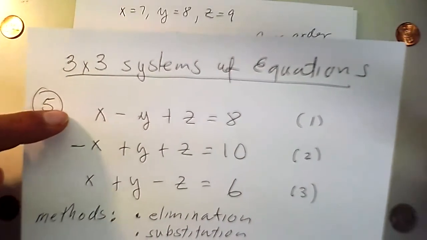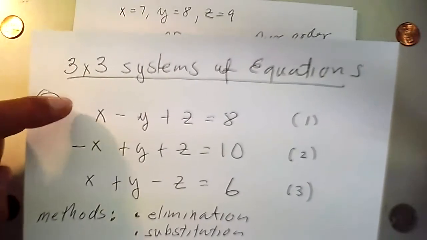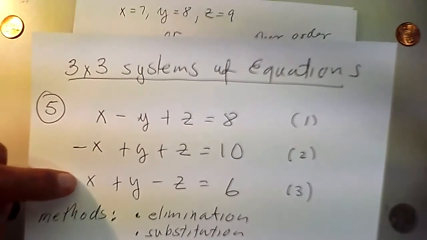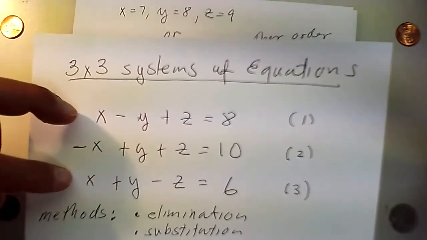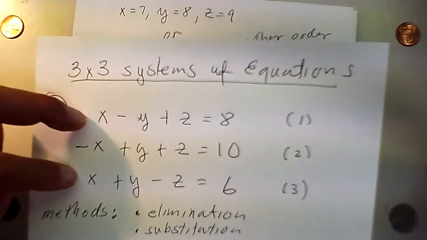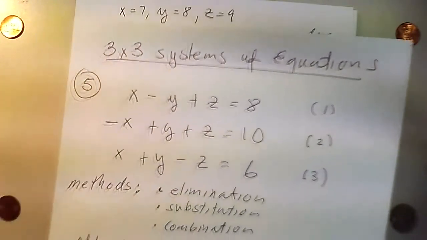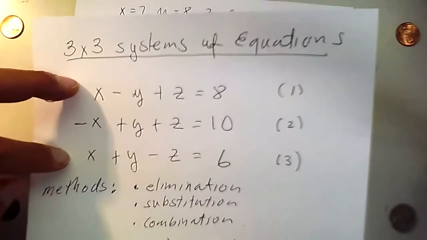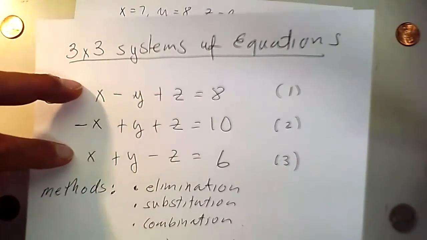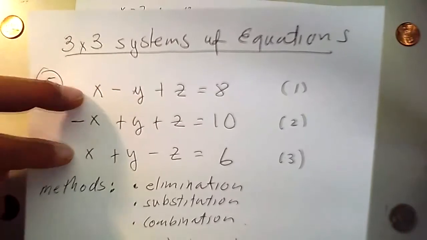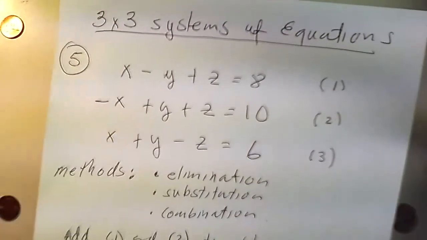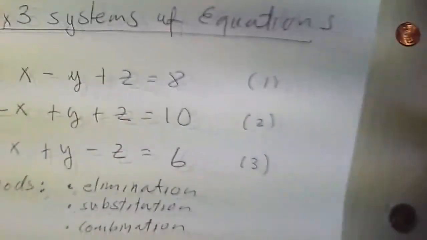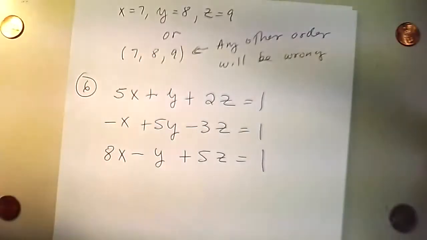Now that I think about it, after the fact, if we added this one with this one, I just realized the y's will cancel, the z's will cancel, so we would end up with 2x equal to 14. There was no need to do the substitution after all. Boy. So yeah, and then x would be 7. So we could have just added those two and get x immediately almost and be done with the problem.